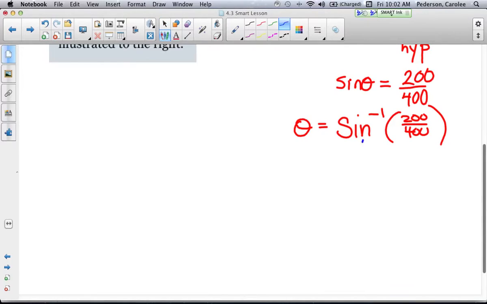Remember, this represents the second and sine in your calculator. So what will be the angle measure? 30. You got 30 degrees? Okay. So there's the acute angle.